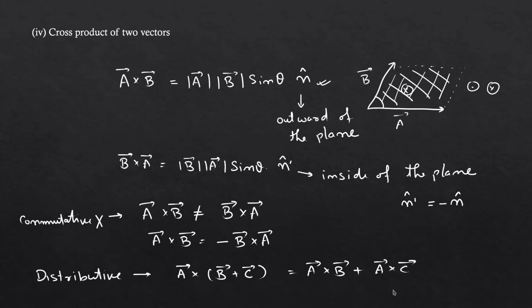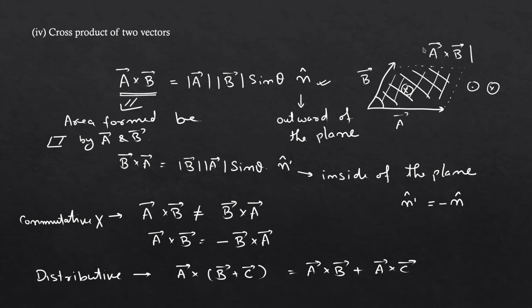The interpretation of A cross B is that this represents the area formed by the parallelogram by vector A and vector B. Okay, so this area is represented by A cross B, or if you don't want to take the direction, take the mod of that.